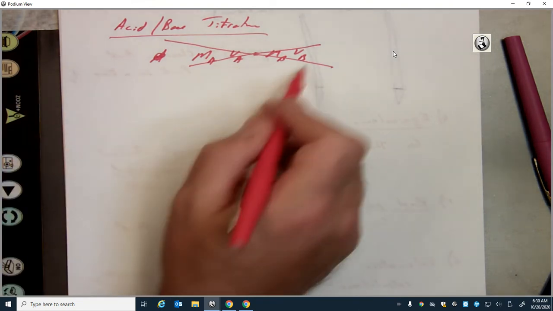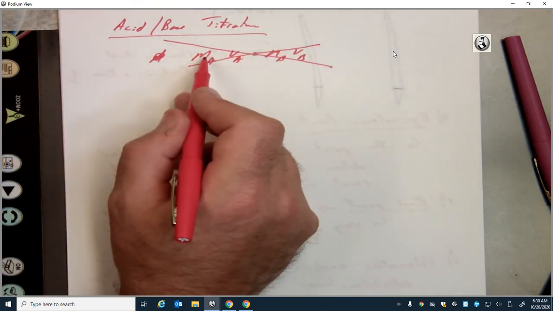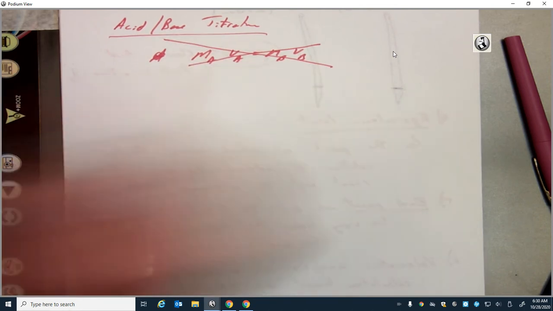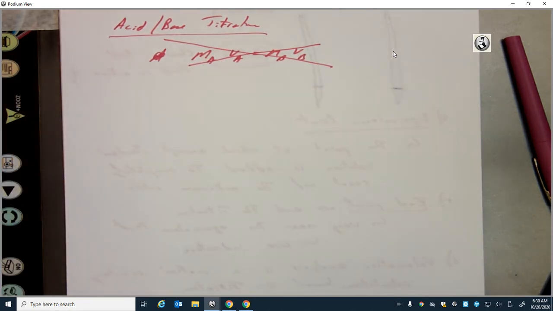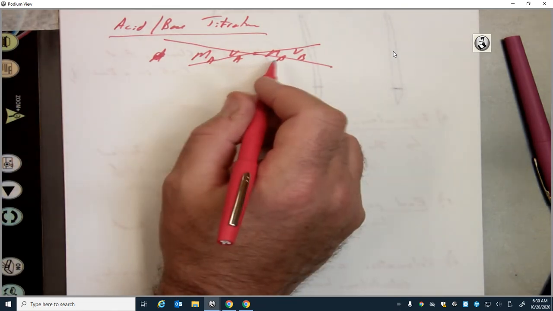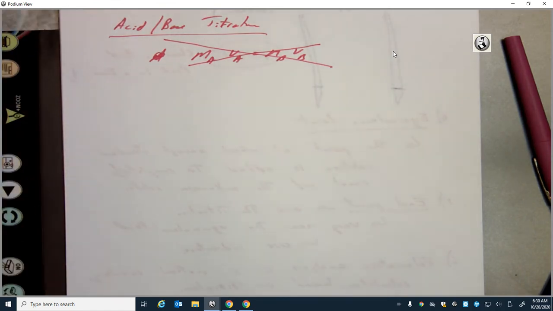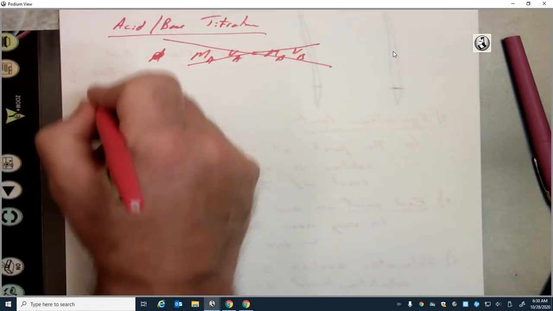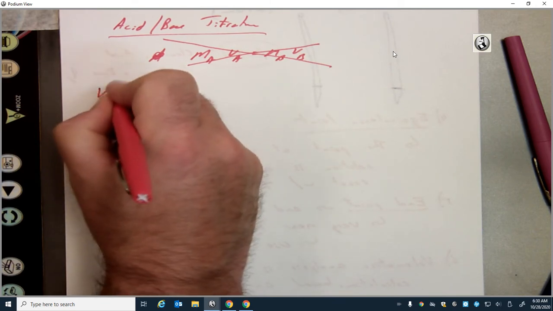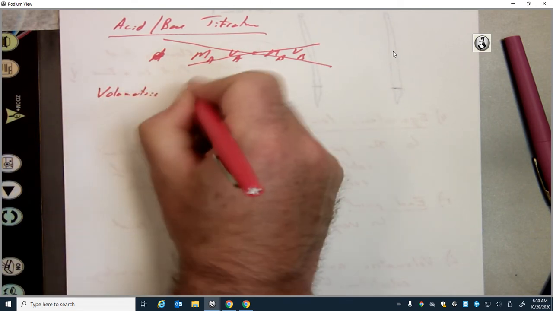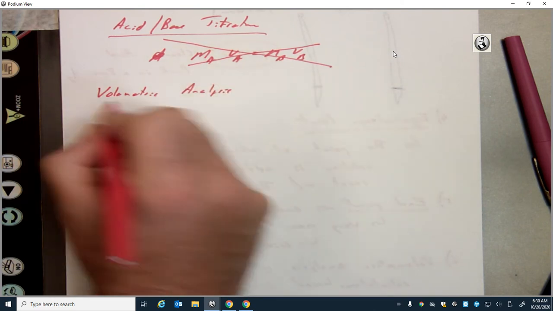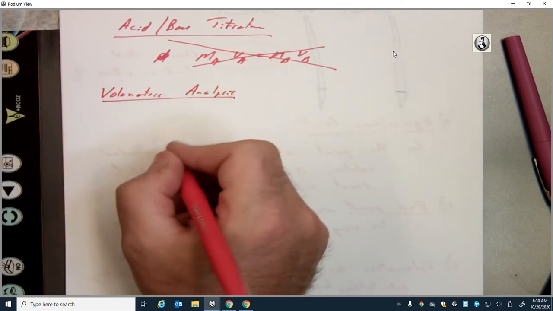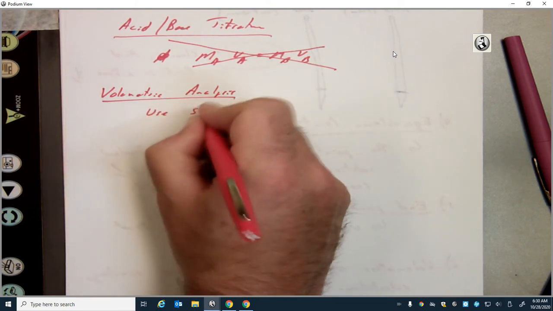There are a lot of issues with this, especially when we get into using weak acids and weak bases and stuff that's slightly soluble. So we're not going to use this. We're going to use stoichiometry for all of these. So for our titration or volumetric analysis, we're going to use stoich.